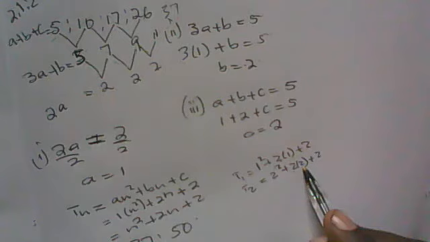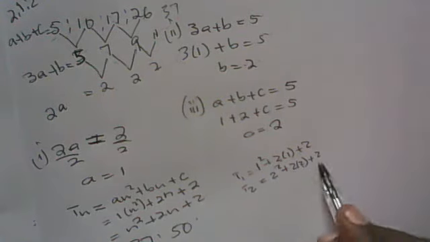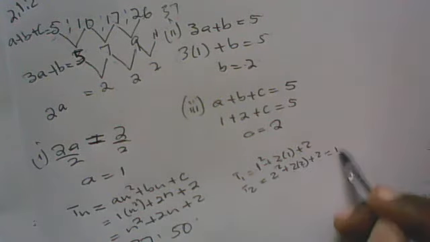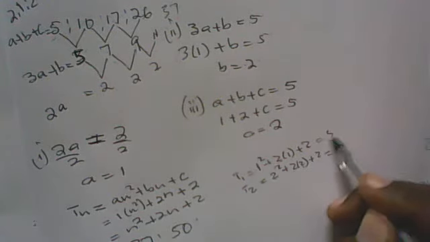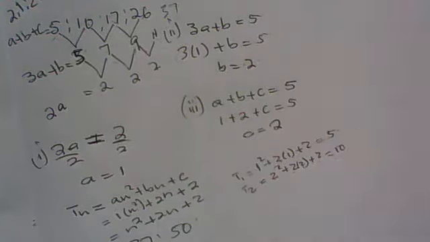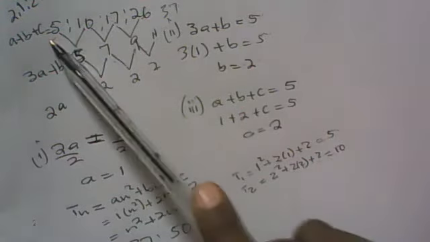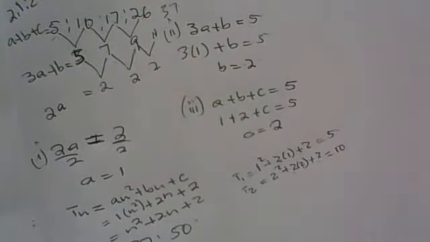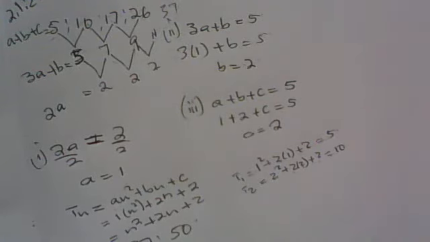That is 4, then plus 4, plus 2, that gives us 10. It's 5, 10. That's it. So there is no need to check those. So we have it. Fine.